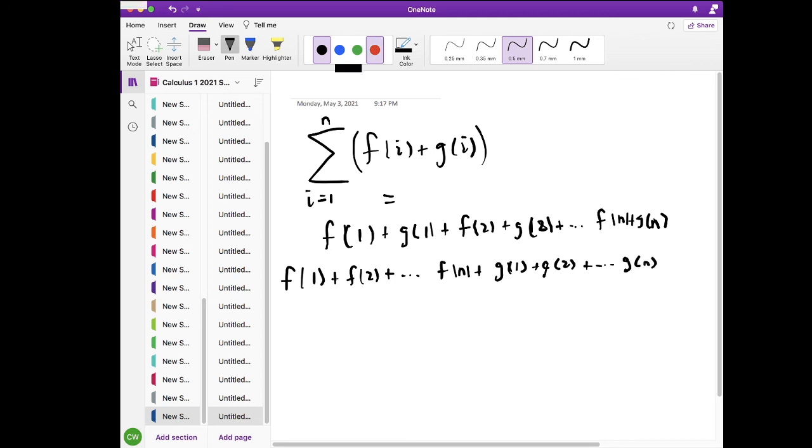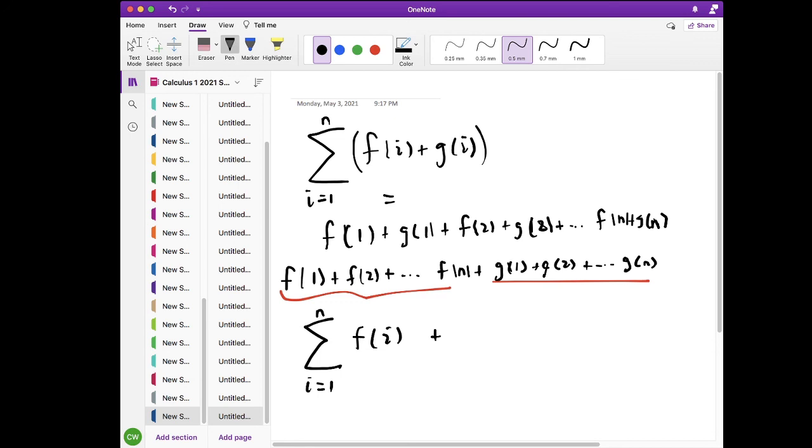So this is a sum of f's, and this is a sum of g's. So this is kind of like a distributive property of the summation sign, that you can distribute the summation sign over addition. Pretty reasonable, right? There's nothing too absurd here.